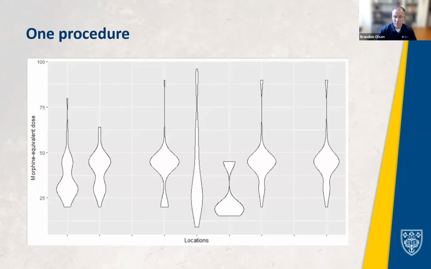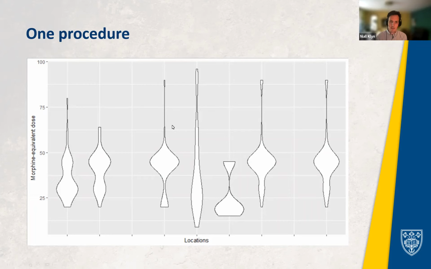So what are we talking about here? Going back to our previous slides, if we're thinking about that high dosage, we're going to be focusing on who's making these prescriptions up in this 80 to 90 milligram morphine equivalent daily dose rate. Can we narrow that down?